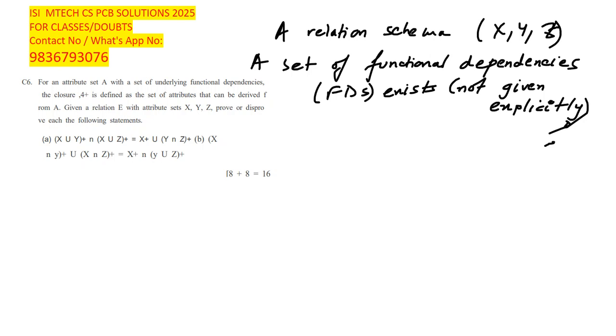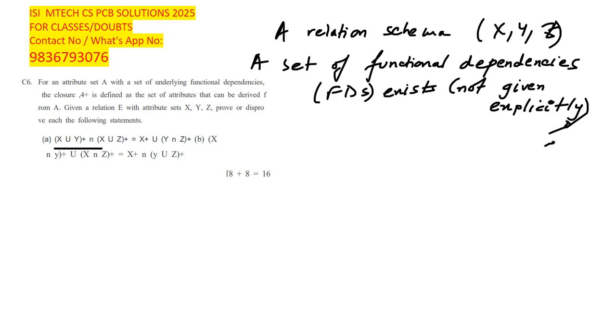अभी द क्लोजर जो है ऑफ एन एट्रीब्यूट सेट ए इज अ सेट ऑफ एट्रीब्यूट्स फंक्शनली डिटरमाइंड बाय ए। तो वी हैव टू प्रूव और डिसप्रूव दैट क्लोजर ऑफ x यूनियन y plus n x closure of x union z is x closure of x union closure of y intersection z, correct?